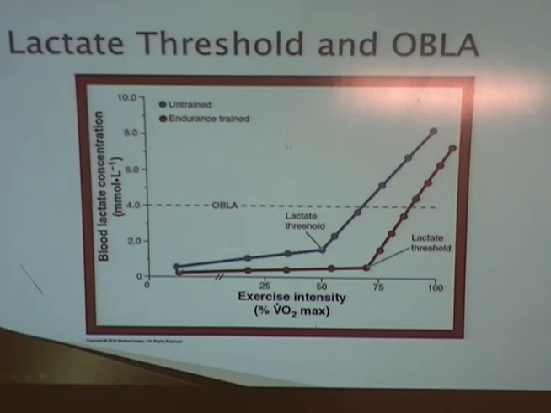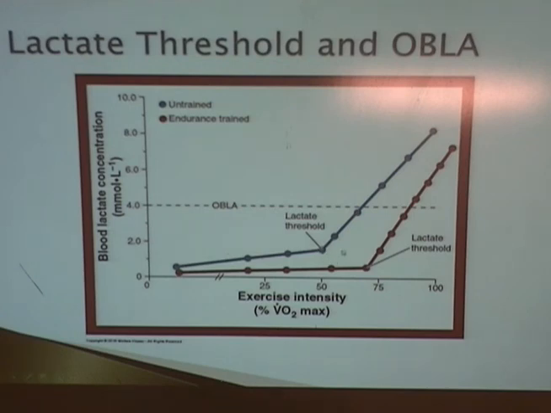So our untrained person is walking or jogging along, and their lactate is not changing very much. And then all of a sudden, you go round a corner on your lactate measures and they start shooting up very, very quickly. And that corner is called your lactate threshold.